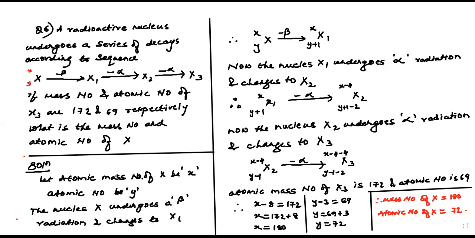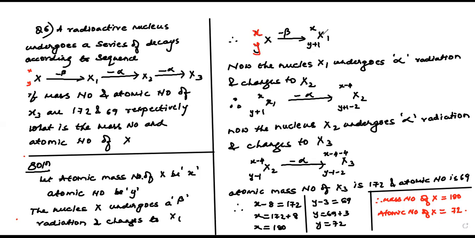तो क्या कर रहा हूं देखो, let the atomic mass number of nucleus X be small x and atomic number be Y. The nucleus X undergoes a beta radiation and it changes to X1. So this X, you can see here, atomic mass number x, atomic number Y. Okay, it undergoes a beta radiation.